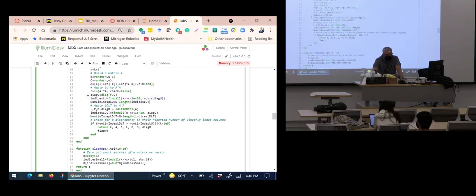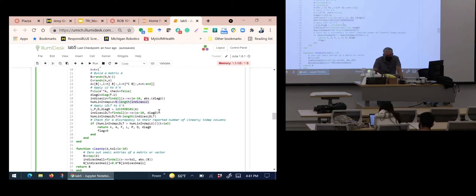To do that, I say find all of the indexes of absolute value diagonal of U such that x is greater than 1e to the minus 10. Well, I should have done it that way, then I wouldn't have to do this n minus. So I'm improving my programming as I explain it to you.